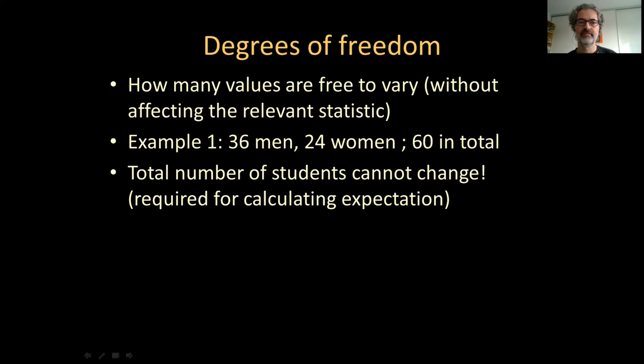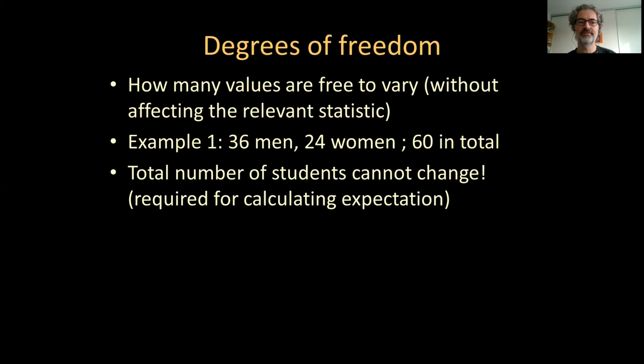If there had been 35 men, then keeping the total of 60, there should have been 25 women. If there had been 40 men, then there should be 20 women. That's how you retain the total.